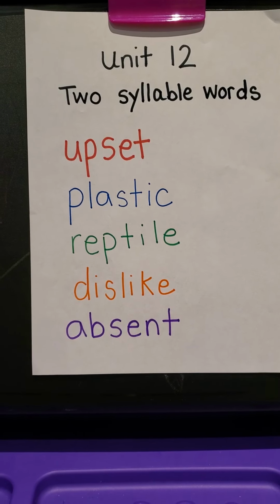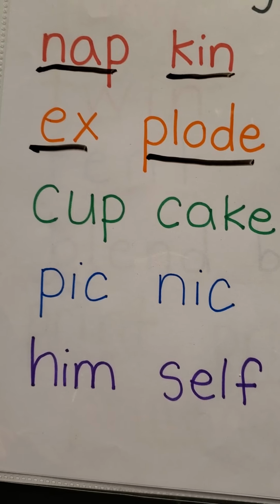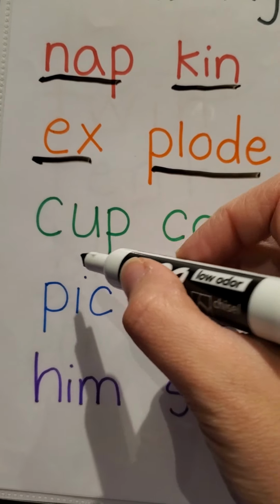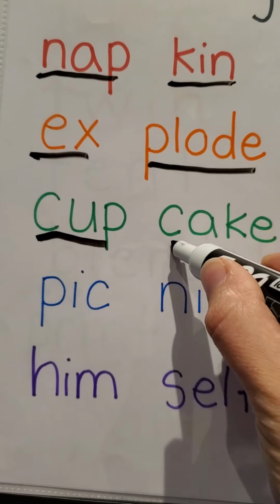Plode on its own is not a word. Explode is just two parts or two syllables. Cupcake also is two parts, two syllables, but those parts are actually words. Cup is a word, cake is a word. You put it together, it makes cupcake. So that's a little bit about the difference between compounds and two syllables. If we were going to mark cupcake, we'd underline cup and underline cake.